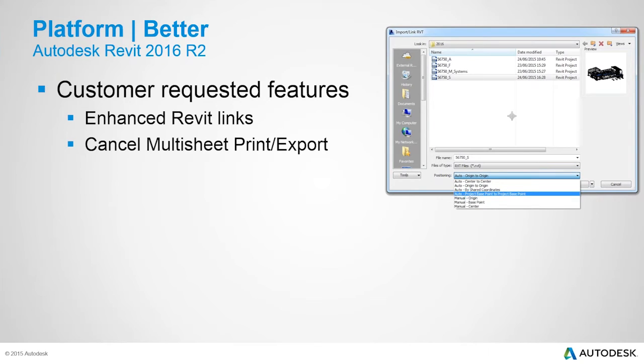Another option is on the printing and exporting side. We now have the capacity to cancel multi-sheet printing and exporting. So users can now easily cancel print or export of multiple views. So if you've started off printing and you've realized you only wanted one view and it's going ahead and starting to print the whole project, we can now cancel it.